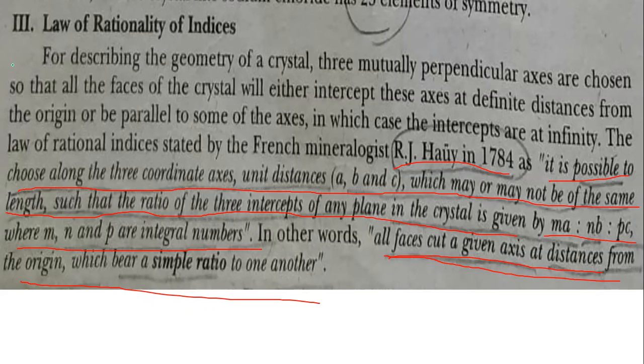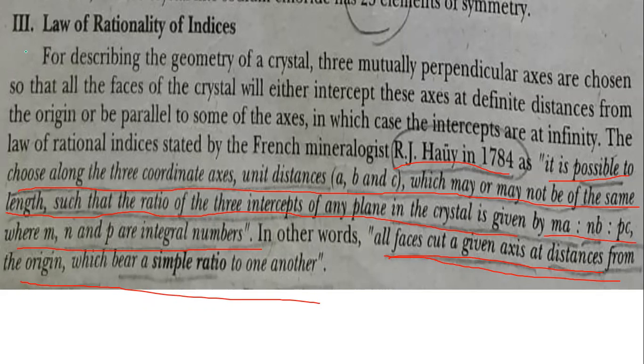We are going to see the last point from the unit first, the law of rationality of indices. The law of rationality of indices was put forth by a French mineralogist, R.J. Haüy, in 1784.